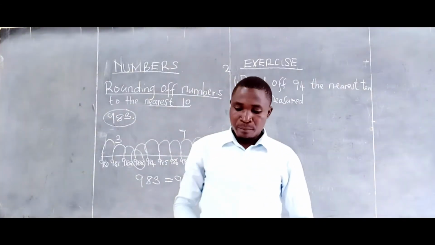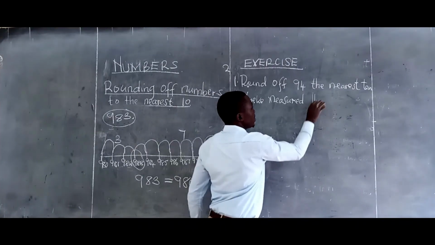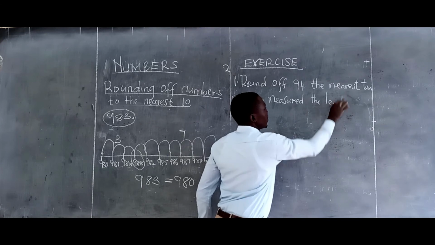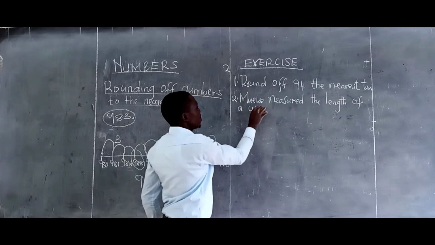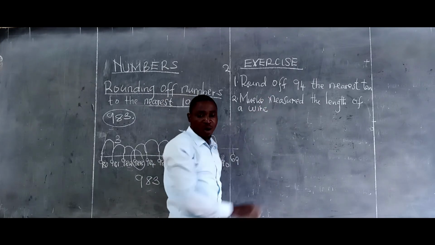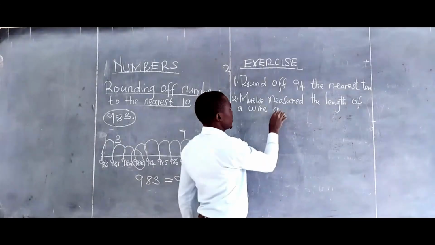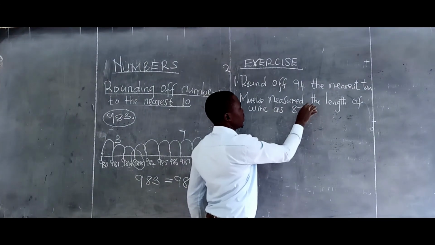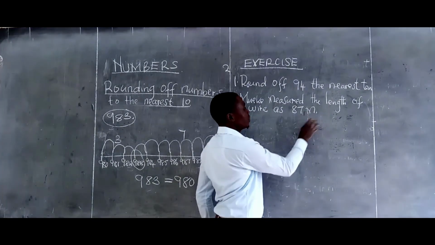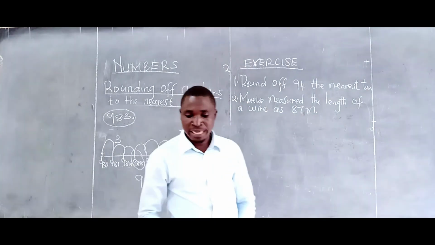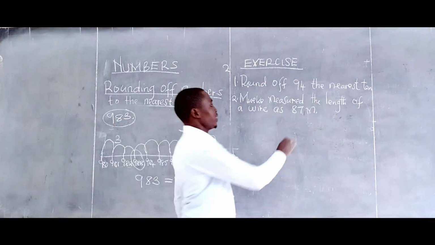Mweke measured the length of a wire as 87 meters. What is the length?